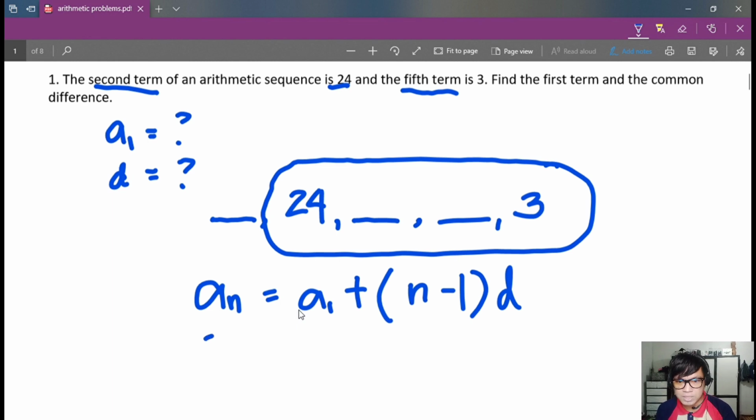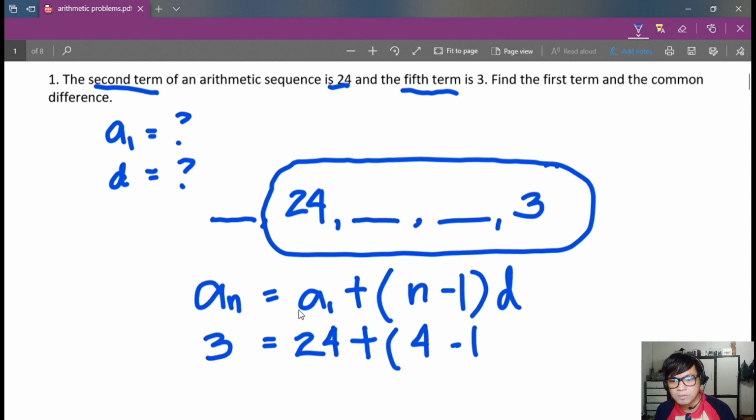So, i-substitute na lang natin dyan. 3 is equal to, a sub 1 natin is 24 plus ang n, the number of terms, now is 4. 4 na siya kasi disregard natin itong pinakauna. So 4 na lang siya kasi 1, 2, 3, 4. There are 4 terms. 4 terms minus 1 times, we are looking for the common difference.